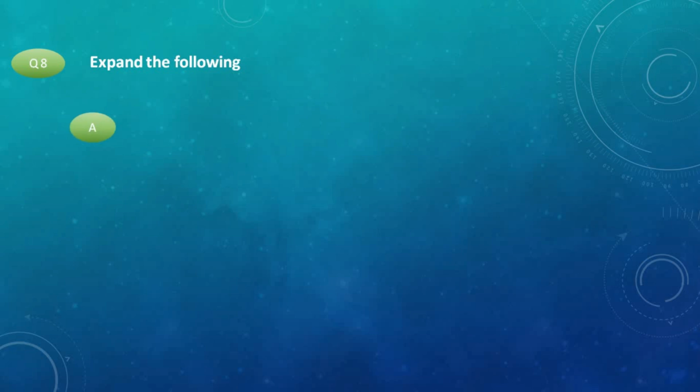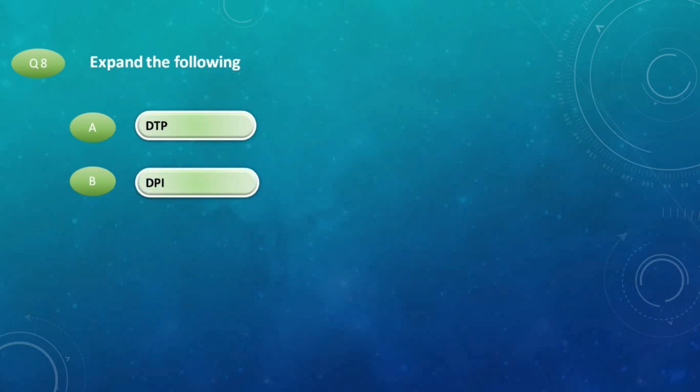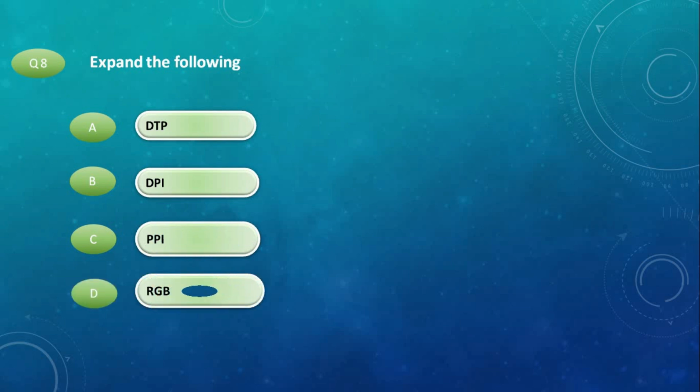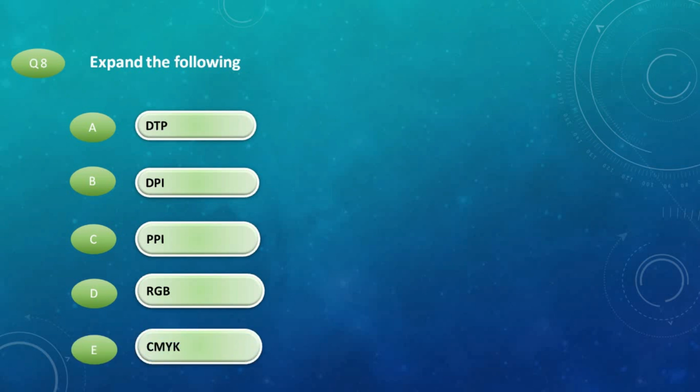Expand the following. So first one we have DTP, DPI, PPI, RGB, CMYK.